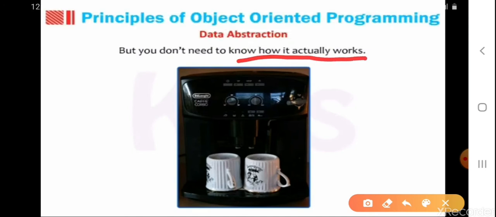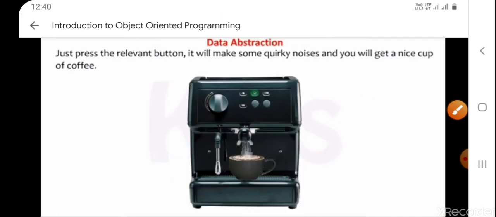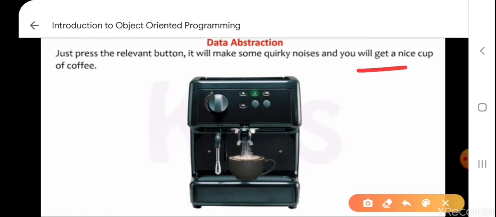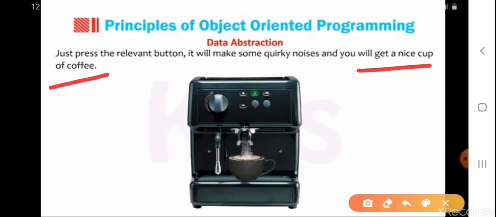You don't need to know the internal working of this coffee making machine. You just need to press the relevant button and it will make some quirky noises and you will get a nice cup of coffee. You just need to know which buttons to press. You don't need to know how the button is interacting with the internal machinery.